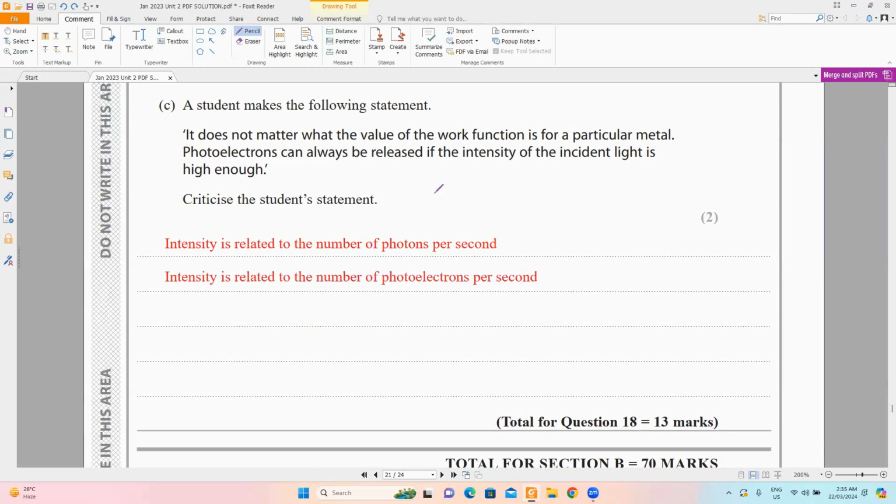But the energy of the photons does not depend on the intensity. Intensity does not affect the energy of the photons or the kinetic energy of the photoelectrons. What do these depend on? The energy of the photons as well as the kinetic energy of the photoelectrons depend on the frequency of light according to E equals hf.